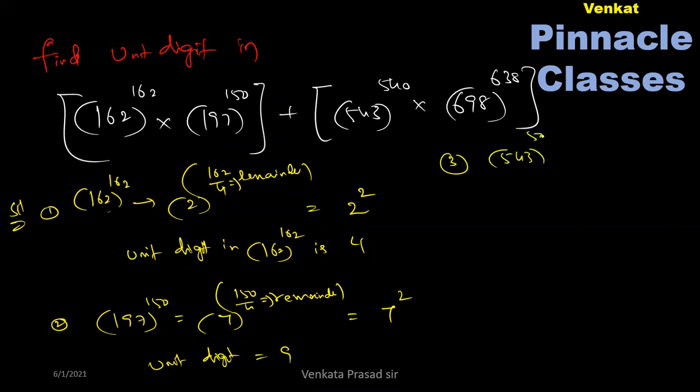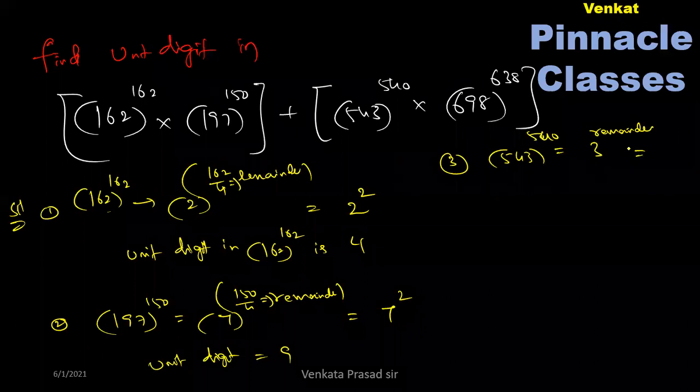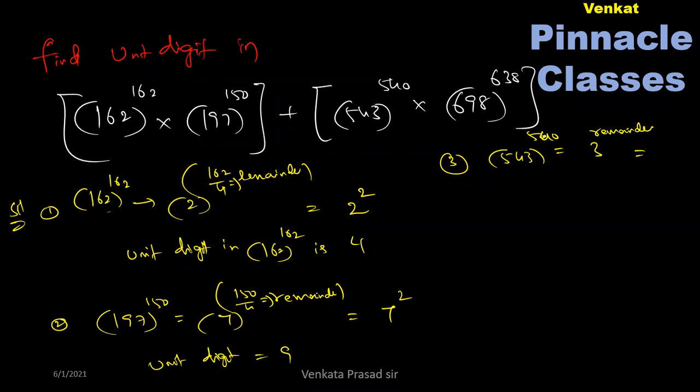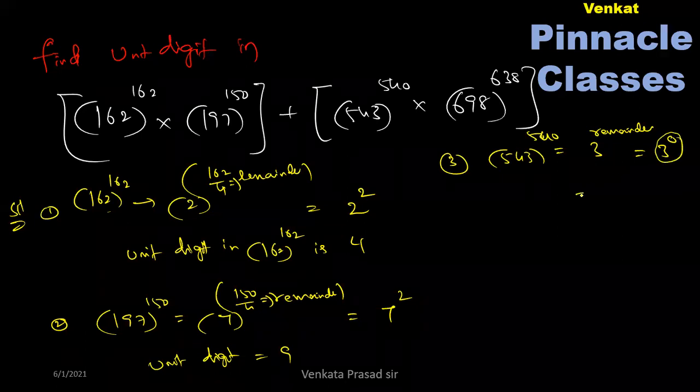Question number 3: 543 power 540, which is 3 power 540. What is the remainder on 540 by 4? The last 2 digits are divisible by 4, so the remainder is 0.